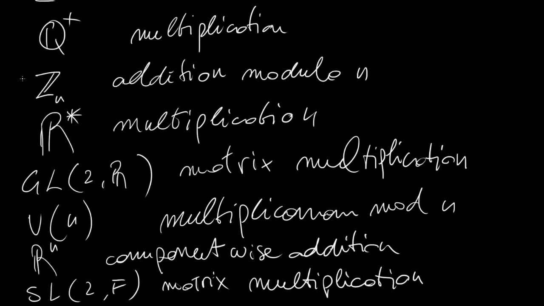So when an example asks you to prove that Zn is a group, this implicitly means that Zn is equipped with addition modulo n. If it's another group, usually they specify it, but for these they don't, so just try to remember them. They're used all the time and they're already proven to be groups.